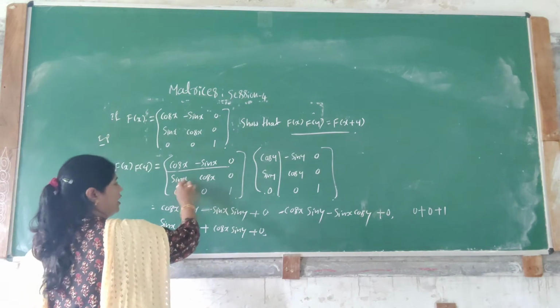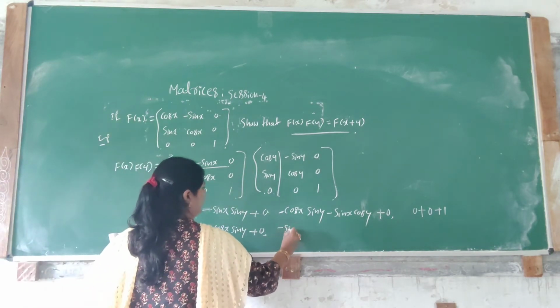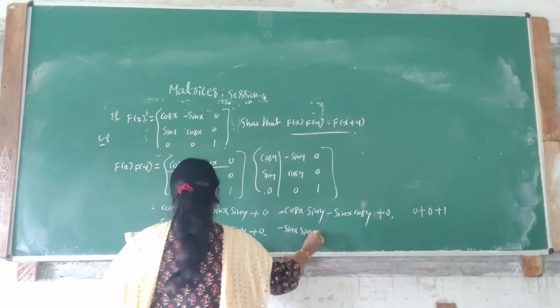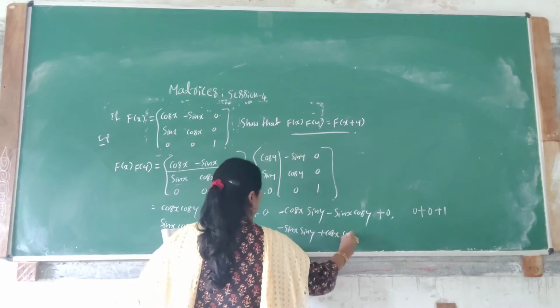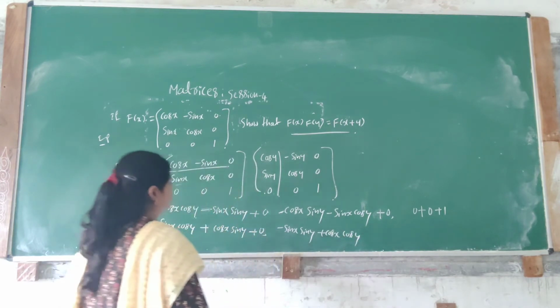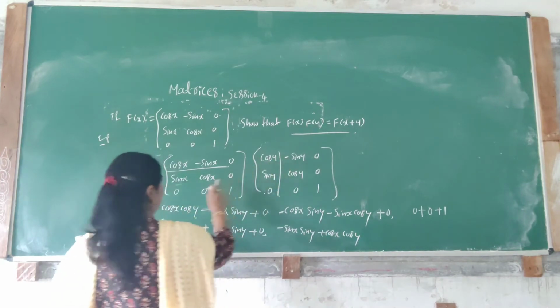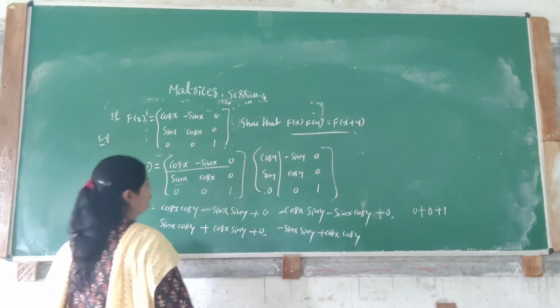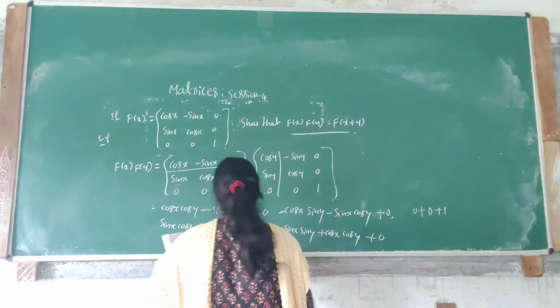Next, second row, second column. Sin x into minus sin y, so minus sin x sin y, plus cos x cos y. This corresponds to cos x cos y minus sin x sin y.